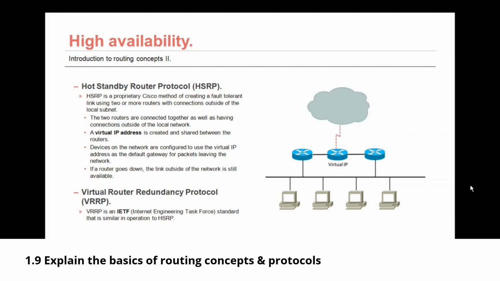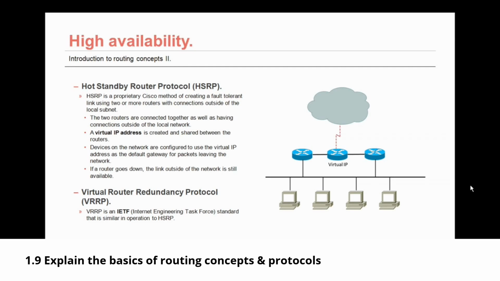HSRP is a proprietary Cisco method of creating a fault-tolerant link using two or more routers with connections outside of the local subnet. The two routers are connected together as well as having connections outside of the local network. A virtual IP address is created and shared between the two routers.